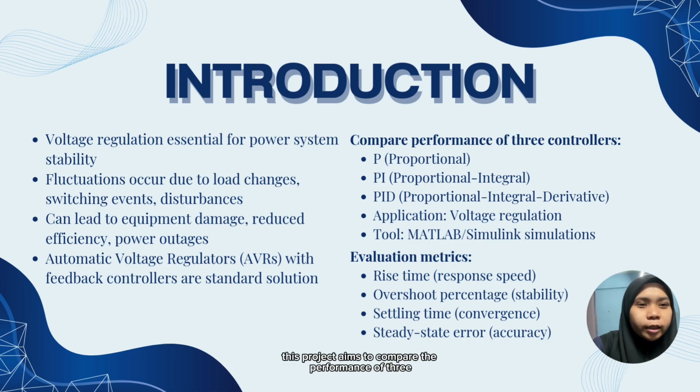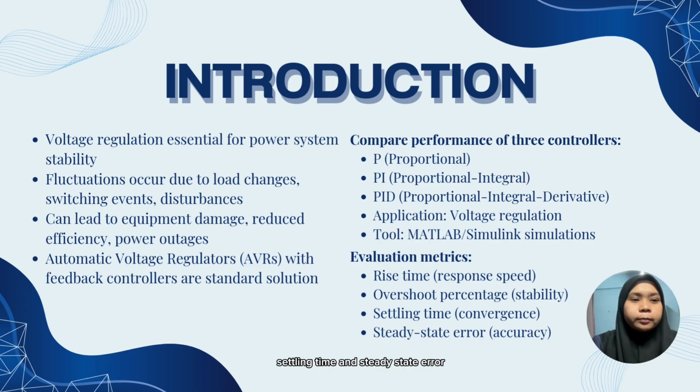This project aims to compare the performance of three classic controller types, which are P (proportional), PI (proportional integral), and PID (proportional integral derivative), in regulating voltage using MATLAB simulation. We will evaluate each controller based on rise time, overshoot percentage, settling time, and steady state error.